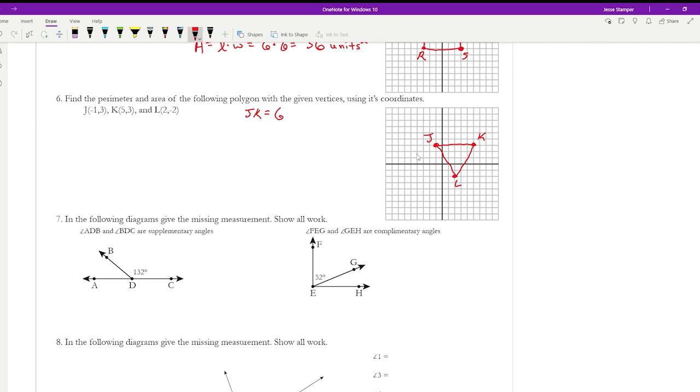Now, JL and KL, well, we need to check this for just a second because something you should look at. If you look at the x value for J, the x value is at negative 1. L's is at 2. K is at 5.